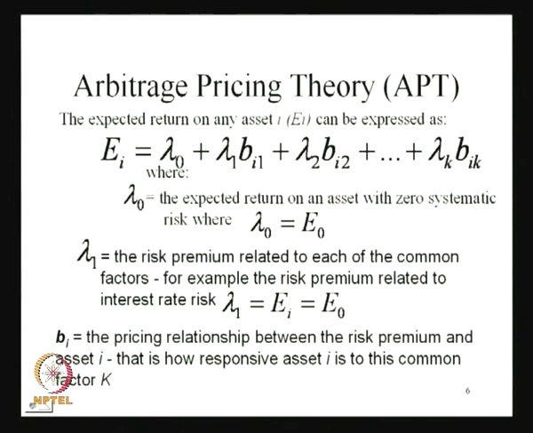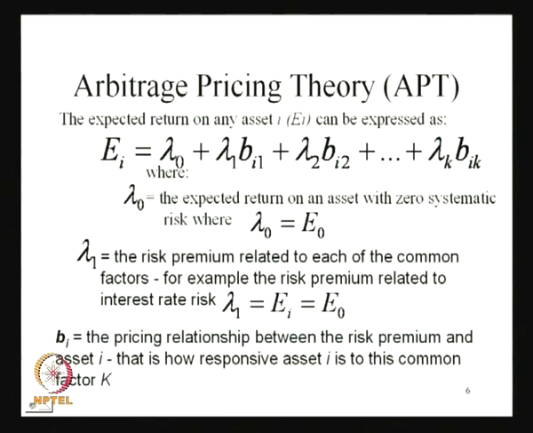Then lambda 1 is equal to the risk premium related to each of the common factors. For example, the risk premium related to interest rate risk, or the risk premium related to inflation risk, or the risk premium related to the growth rate. Then the b i represents the pricing relationship between the risk premium and the asset, that is how responsive asset i is to the common factor k.